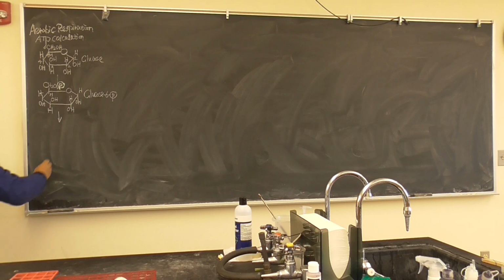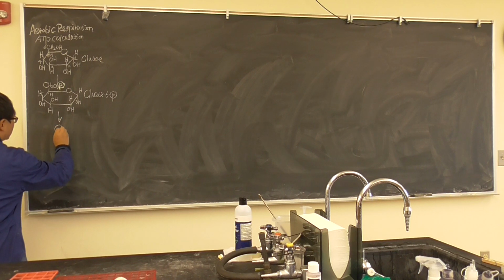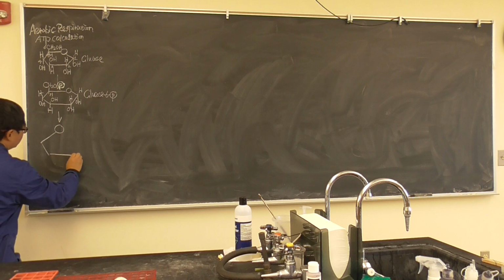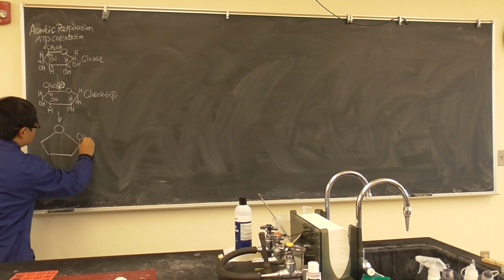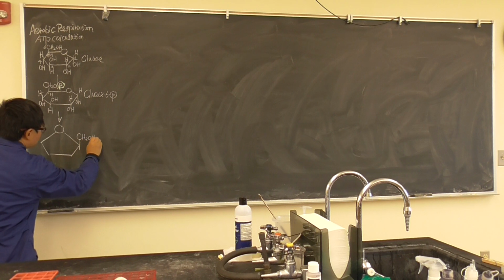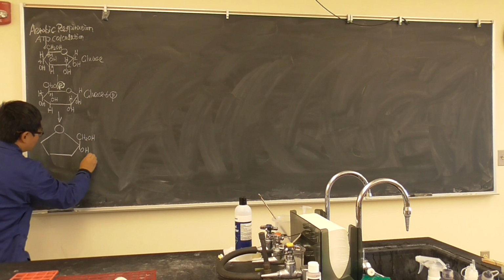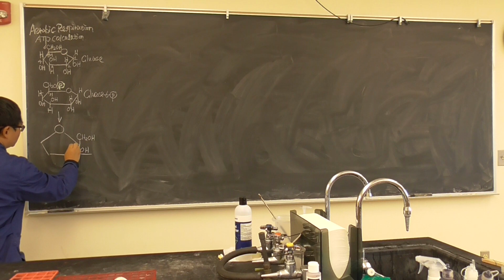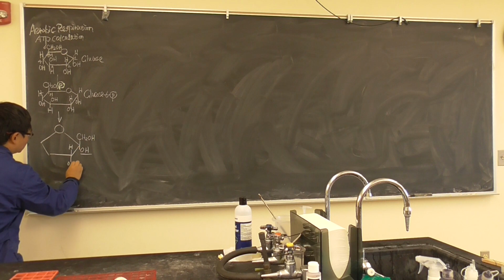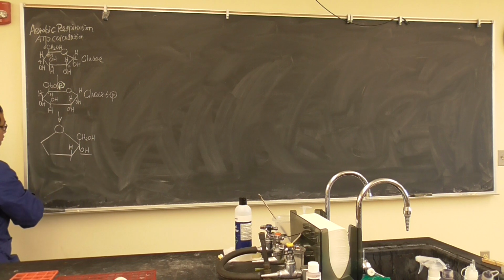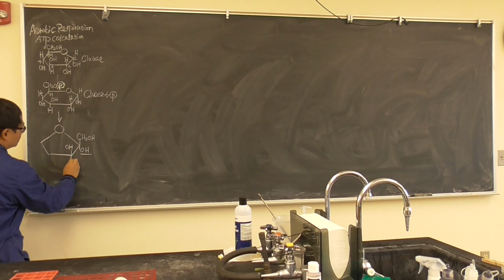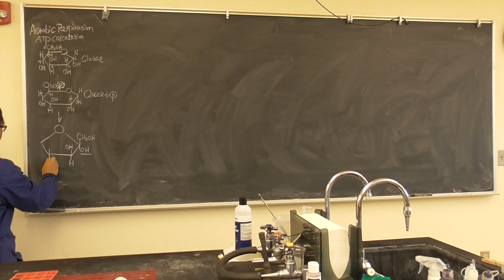Then we're going to go here. We'll do an isomerization. The isomerization will change the configuration like this. So we have CH2OH. This is OH. I always say this is going to be the key. Okay, H, OH. This is sometimes up and down. It doesn't matter because it's an L and D configuration difference.